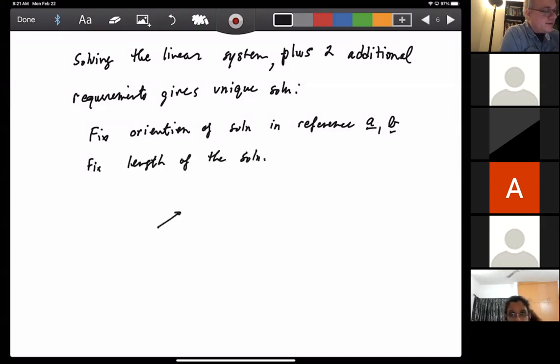So notice if I've got my two input vectors, A and B, I could have lots of vectors pointing this way, or I could have vectors pointing this way. So I'm going to pick one of these, and I'm going to pick the orientation by imposing the right-hand rule, okay?